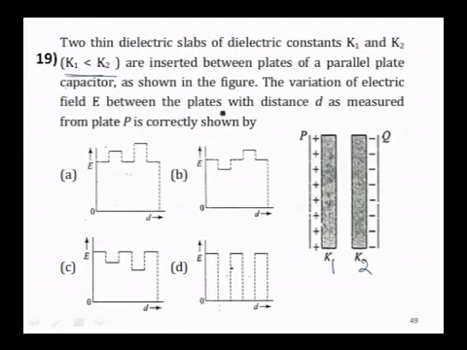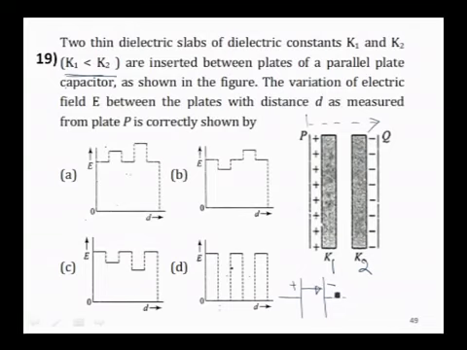Variation of electric field between the plates with distance d. So d is taken as a variable here instead of x, as measured from the plate P. So the distance from the plate P is taken as d; which of the graphs shows it correctly? So remember, if there is no dielectric, the electric field from plus to minus is constant in this direction.